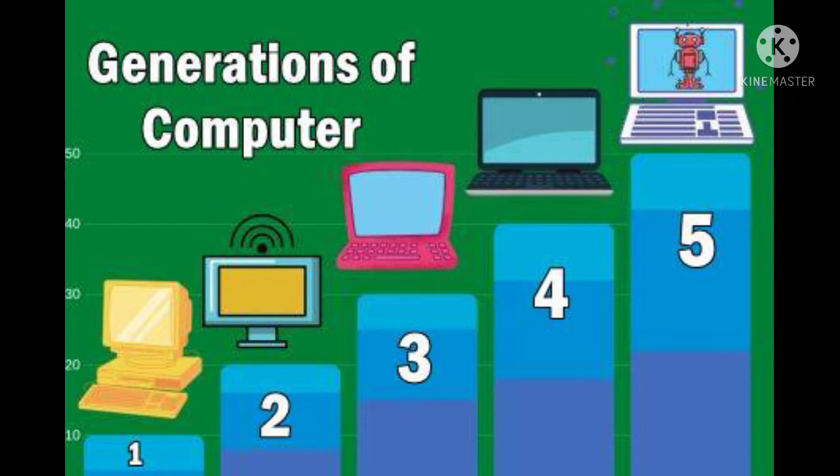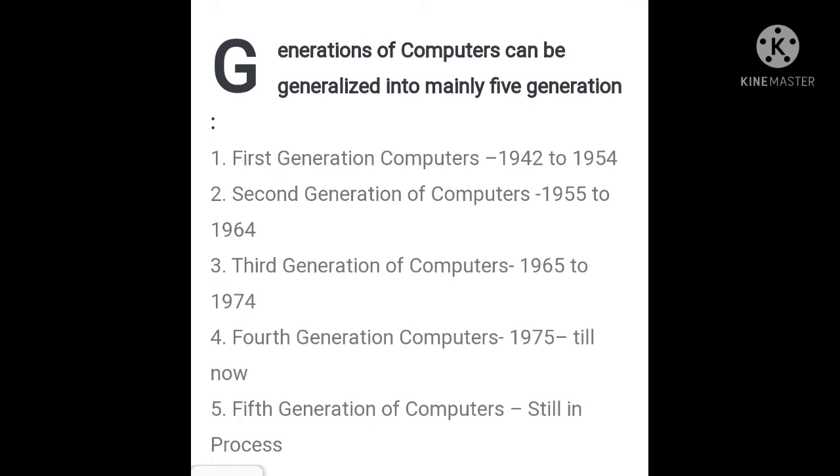Generations of computers can be generalized into mainly 5 generations. The first generation computers were from 1942 to 1954. The second generation of computers was from 1955 to 1964.